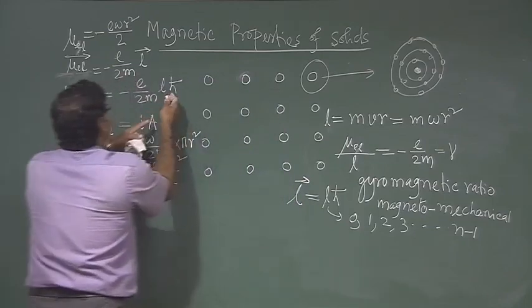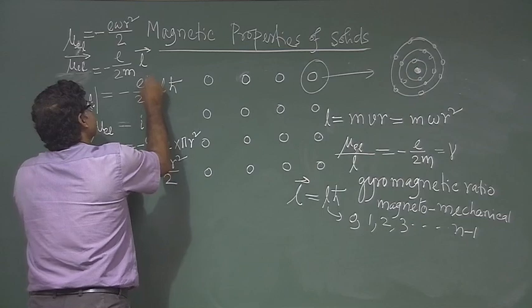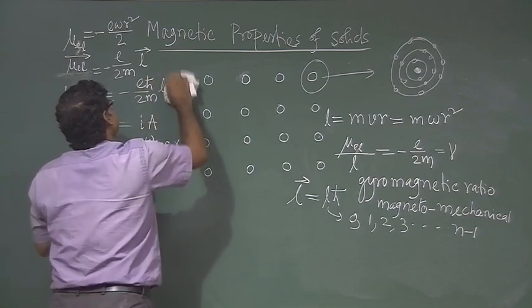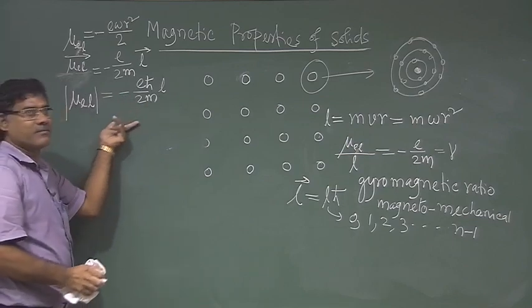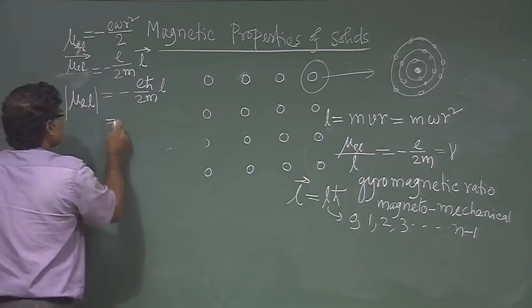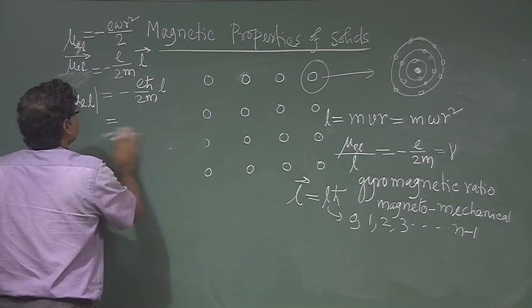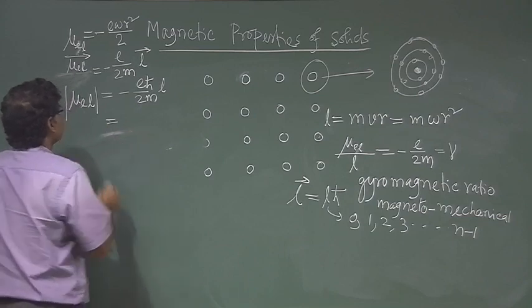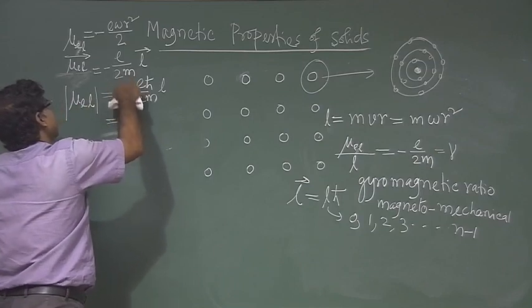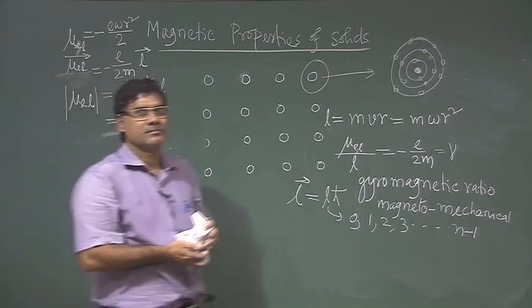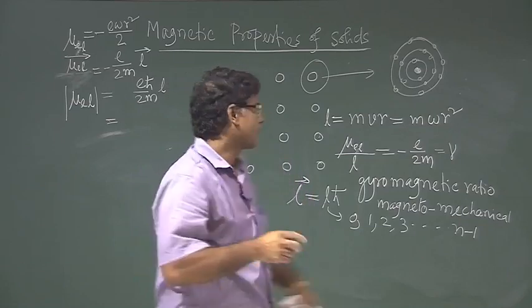So then if I take h cross here, it is like this, right, and then I can write its magnitude. I have written magnitude, so forget this sign. Okay.